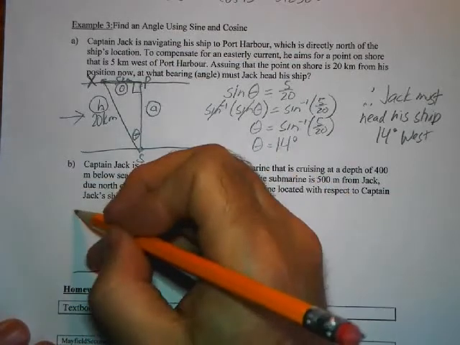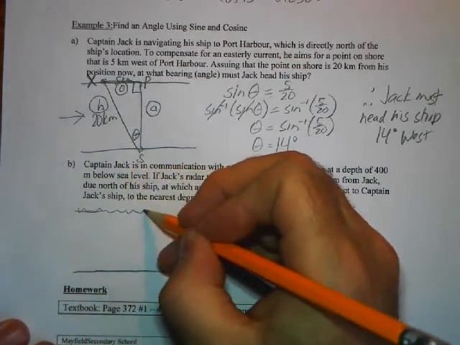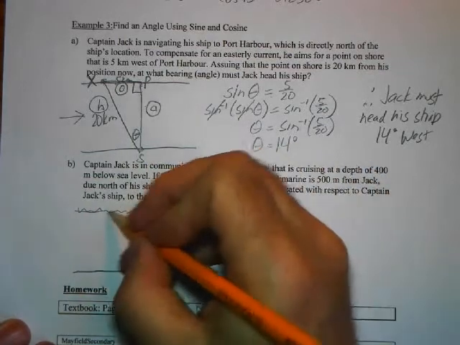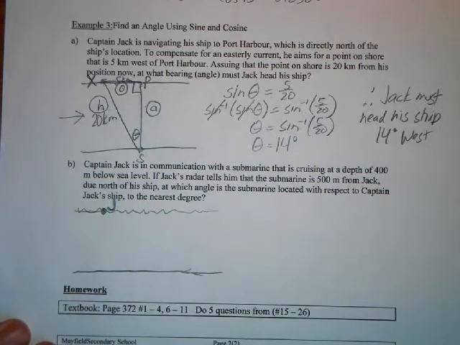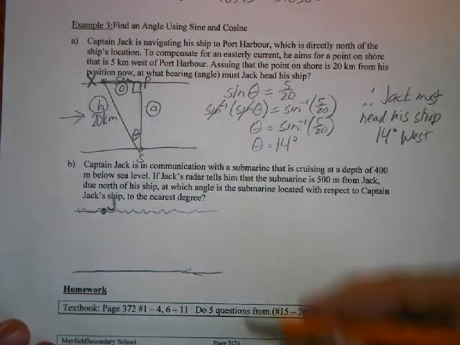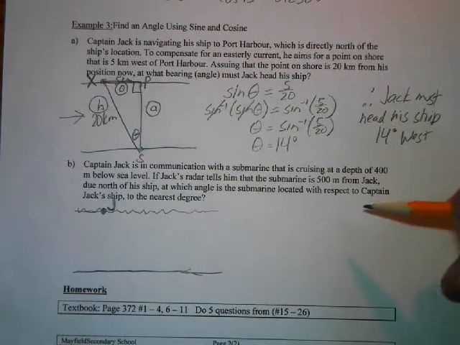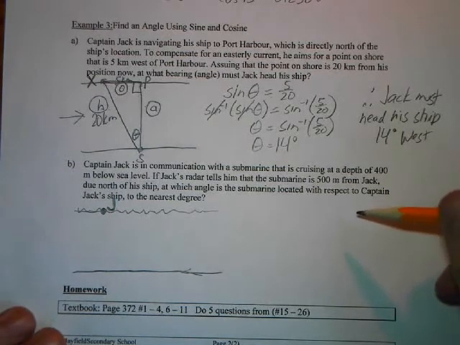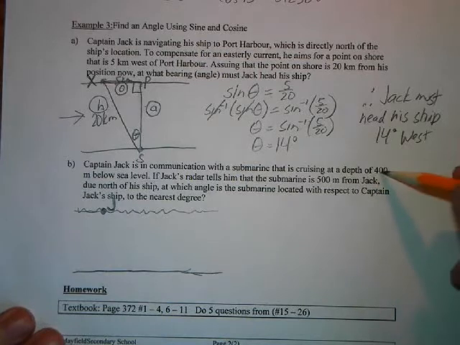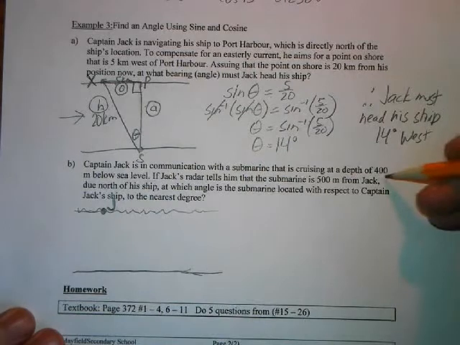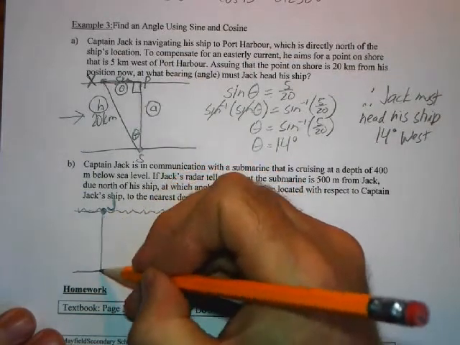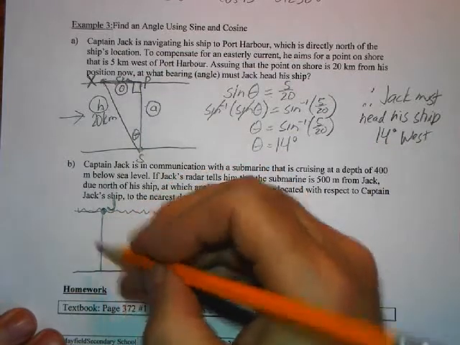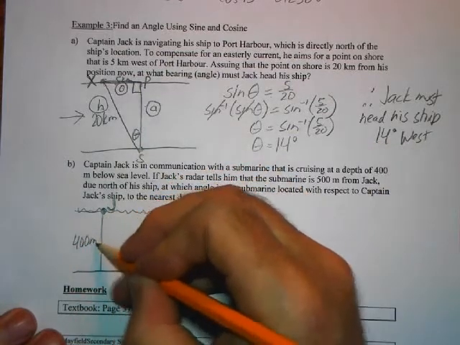Up here, that's the water level, and we'll put J for Jack's ship. Now we know that the submarine is 500 meters from Jack, but the depth of the submarine is 400 meters. So if I drew a line here, this is going to be 400 meters, right?